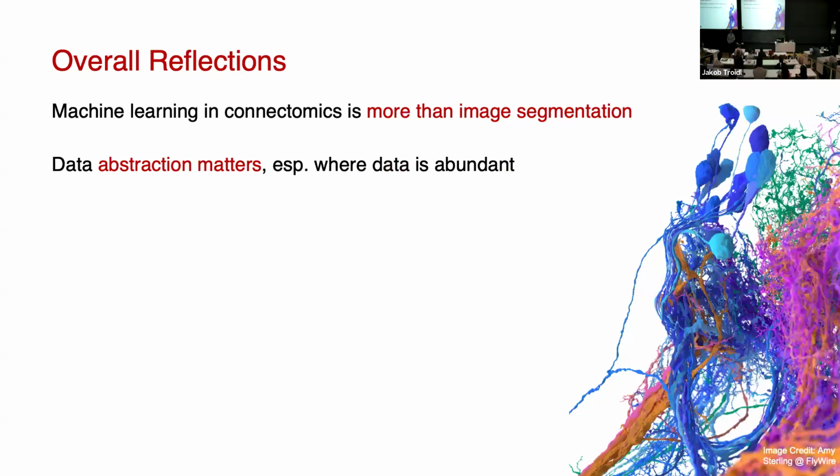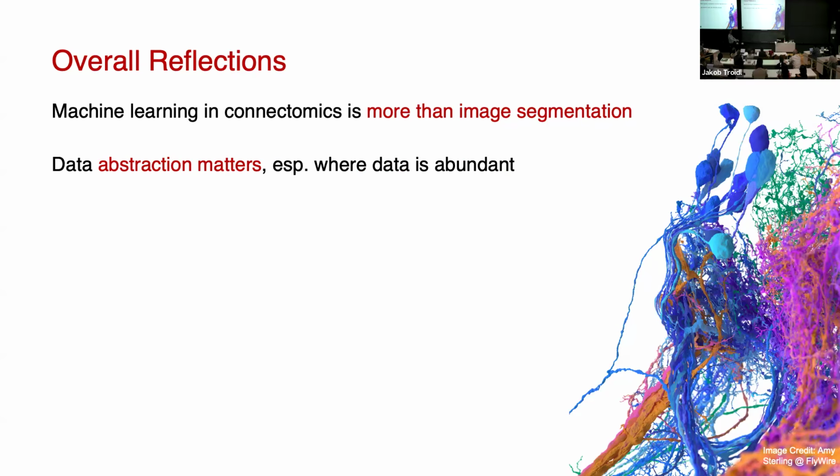My second point is that I think data abstraction really matters, especially in a scenario like connectomics where data really is abundant. So one has to think really carefully about which data sources I want to take into account in order to answer my questions.